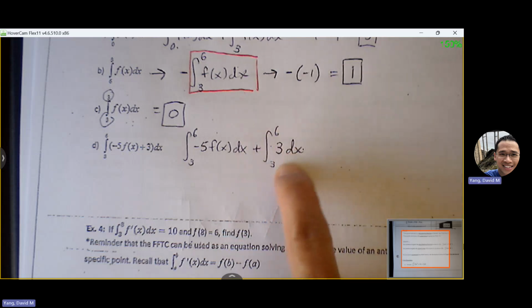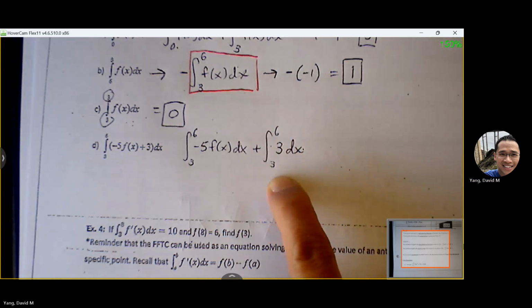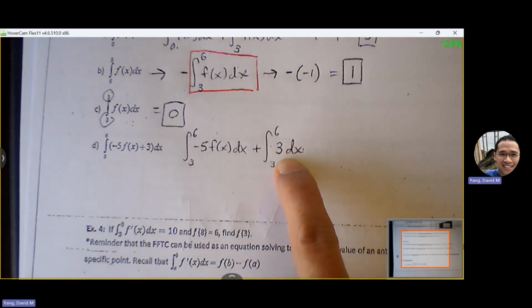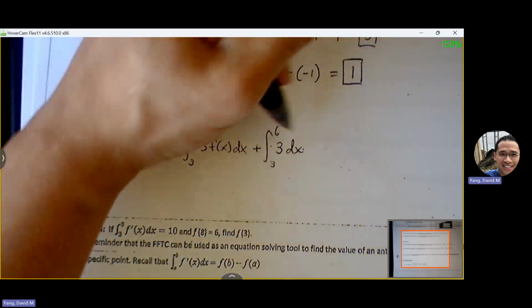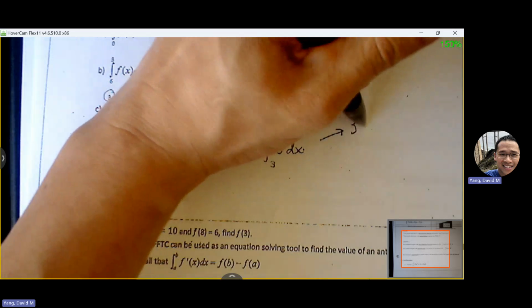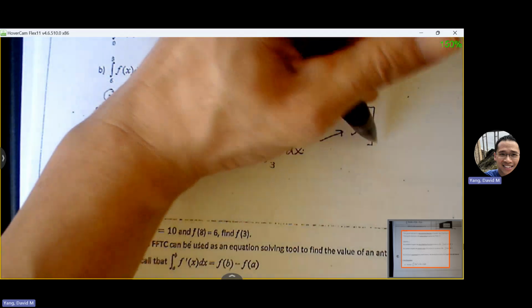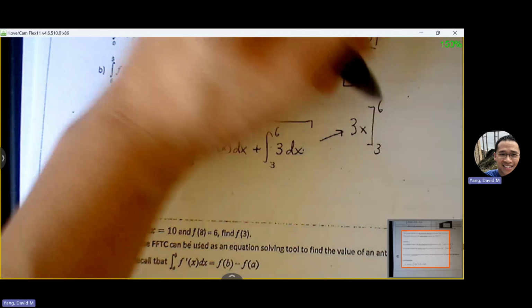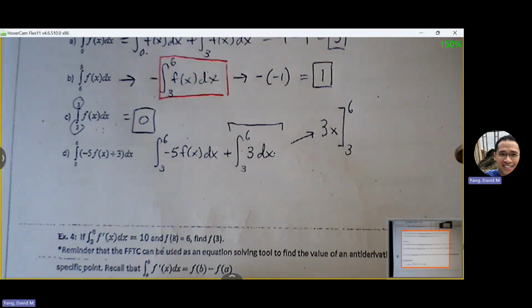We're actually going to be using power rule for this problem. What's the antiderivative of 3? 3x. Okay, so this is going to turn into 3x, and then we're going to evaluate the bounds separately from 3 to 6.